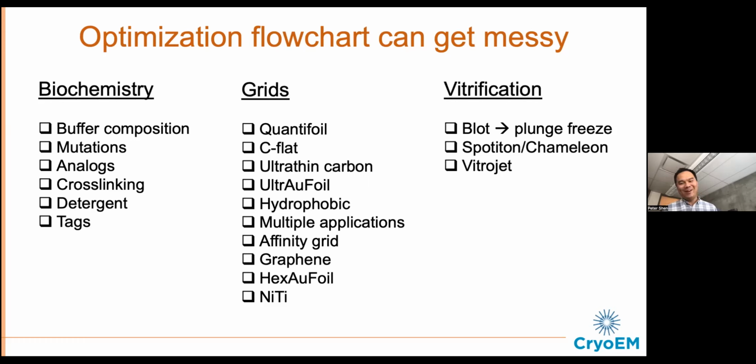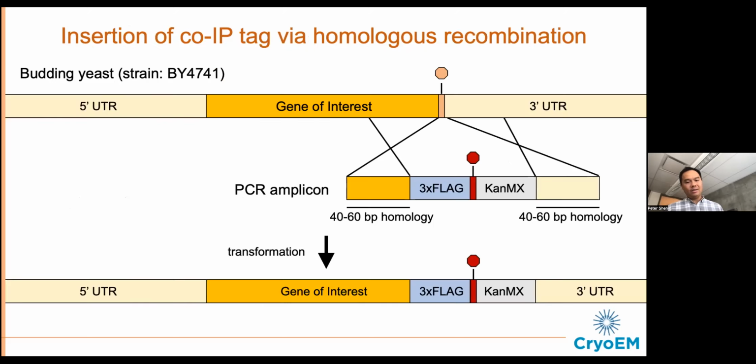Membrane protein complexes. This is something that I intentionally didn't describe because membrane proteins are an entire different beast on their own. I will say that we have integrated our 3X flag tag on membrane proteins and that the purifications look good. And by negative stain, silver stain, the major difference is the inclusion of detergent at some point during the purification.